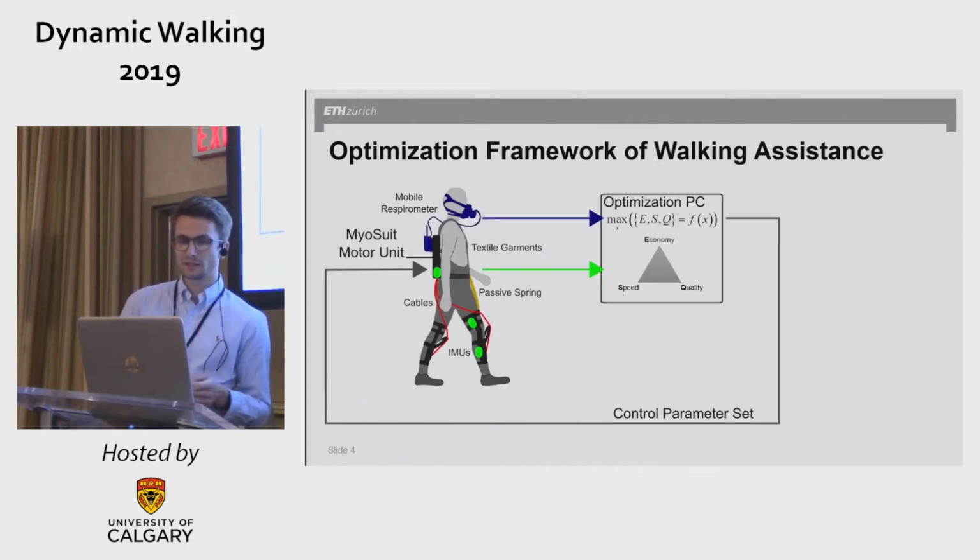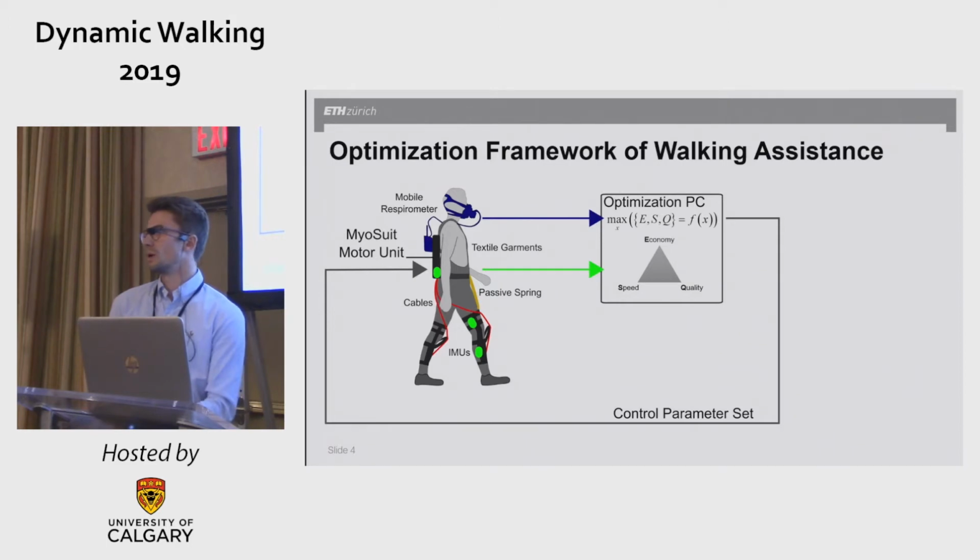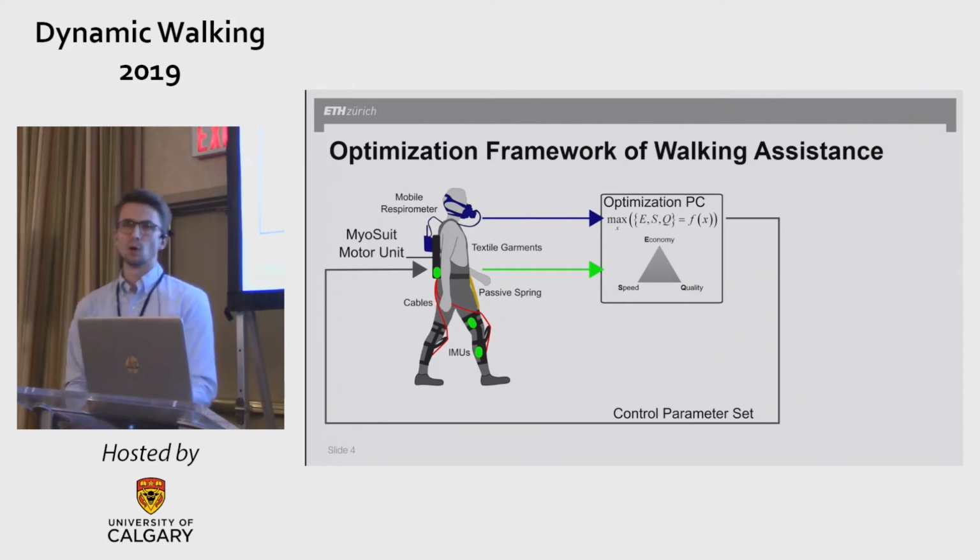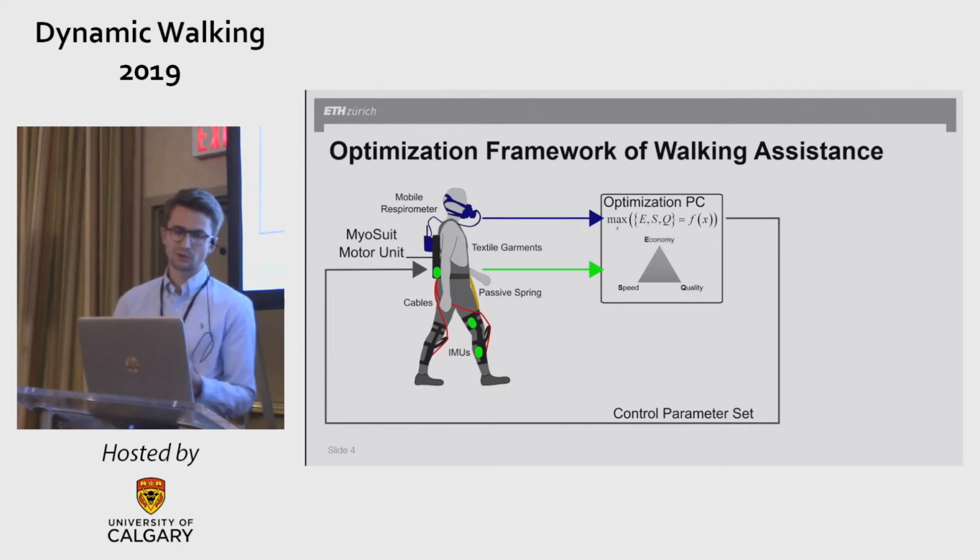So for the practical implementation, we used a robot that was developed in our lab, which is a mostly soft exosuit called the MyoSuit, which actively assists hip and knee extension and passively assists hip flexion. And we took signals from a mobile respirometer and signals from IMUs to optimize that in an external PC.